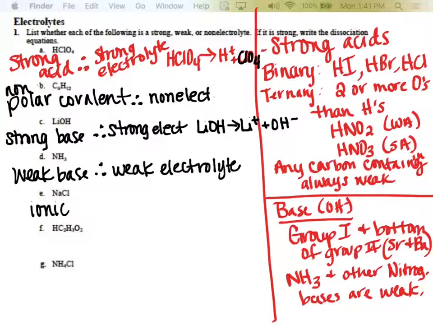We're talking about electrolytes. An ionic is a metal and nonmetal. Yes. And therefore, it is a strong electrolyte. And how does it break up? NaCl produces Na plus and Cl minus.